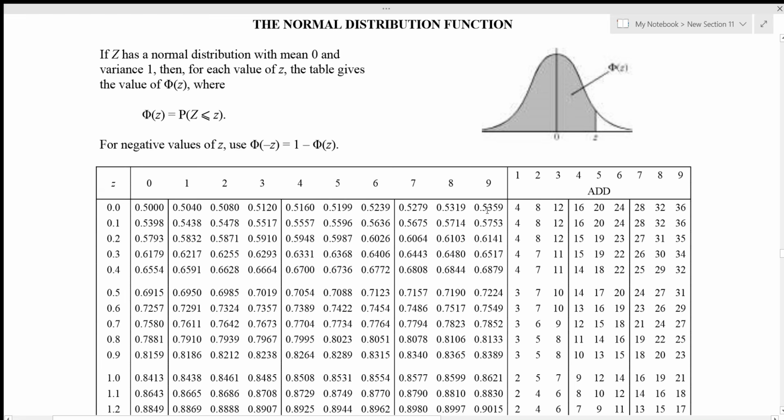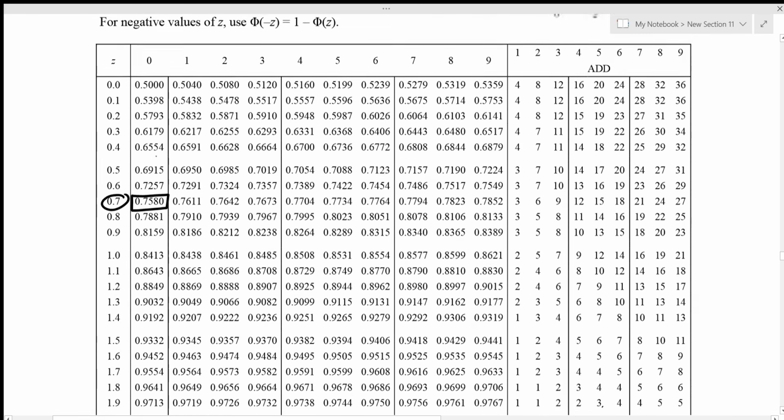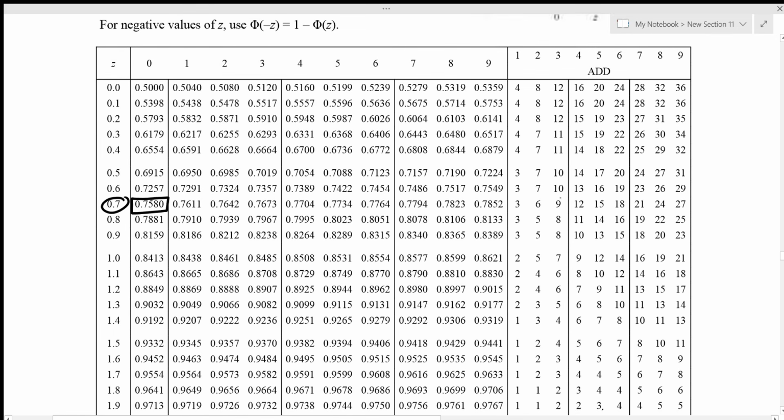Alright, we're looking at the value of 0.708. Let's look for the first digit first. So that's going to be 0.7. This right here is 0.70. But we also have a third decimal place of 8, right? Which is given in this column. And for the corresponding value, that's going to be 24. So let's figure out the total probability.